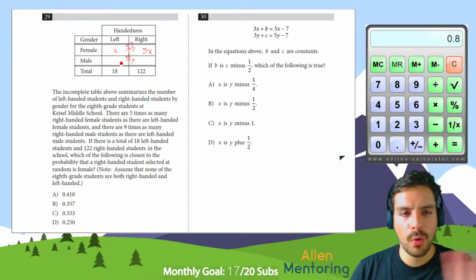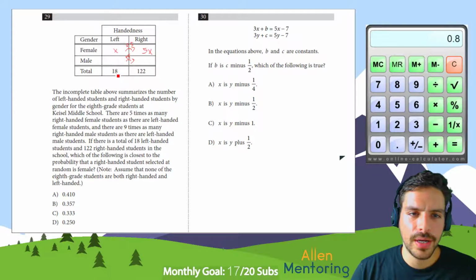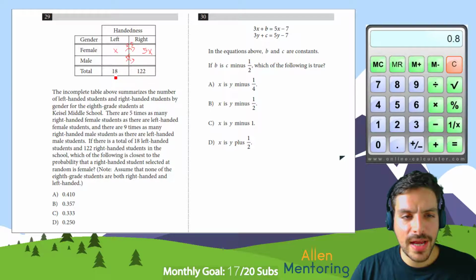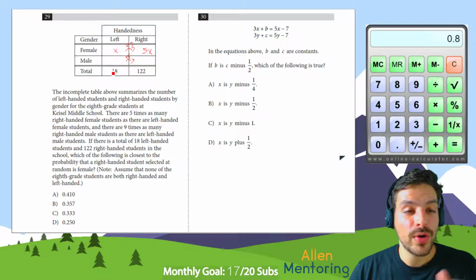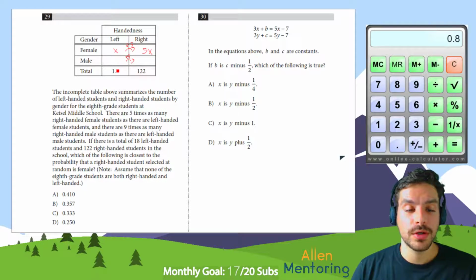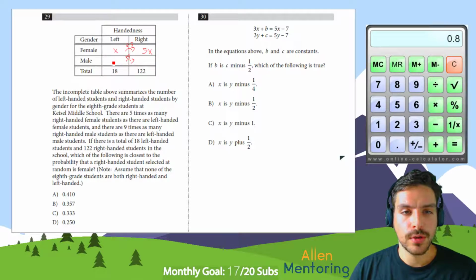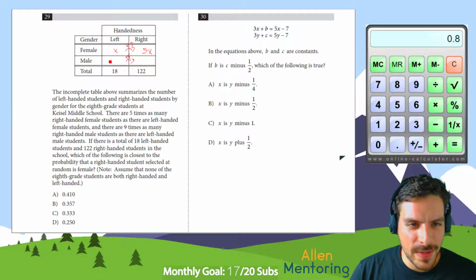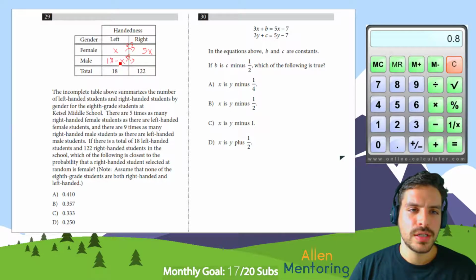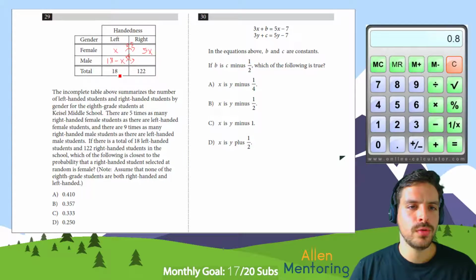We don't have the individual values, and there's no way we can know what that is. So the only way that we can fill this in is by doing 18 minus X. So if let's say there are 2 female left-handed students, 18 minus 2 will be 16. So that makes sense, right? Because 16 plus 2 will be 18.